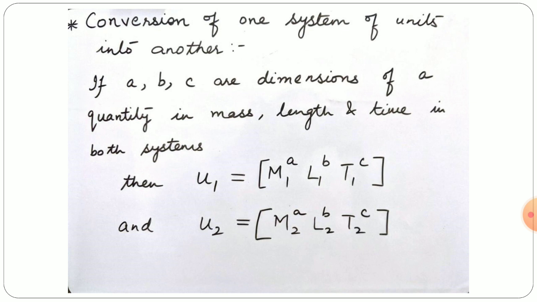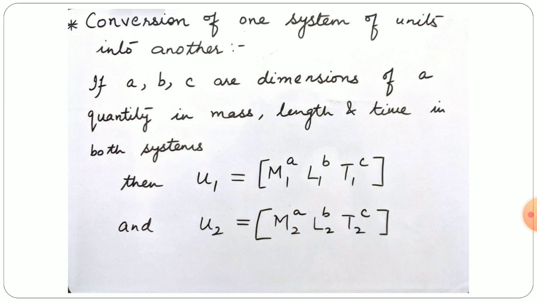So, in one system of units, we can write U1 as equal to M1 to the power A, L1 to the power B and T1 to the power C, the mass, length and time raised to the powers A, B and C. And in the other system of units, we can write U2 as equal to M2 to the power A, L2 to the power B and T2 to the power C. Now what are these A, B, C?